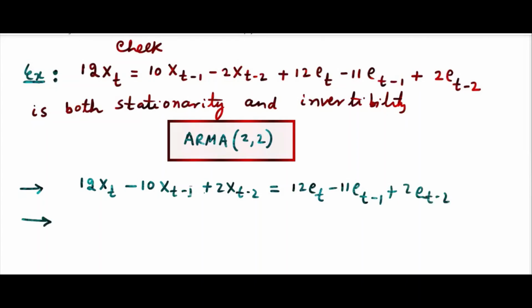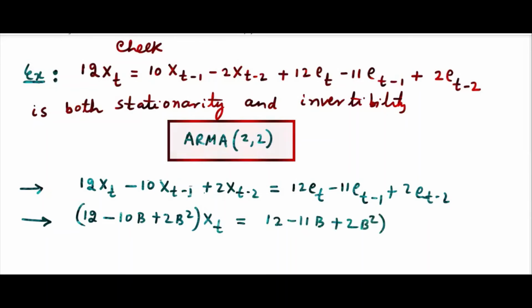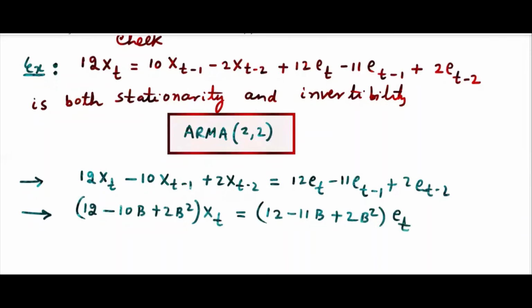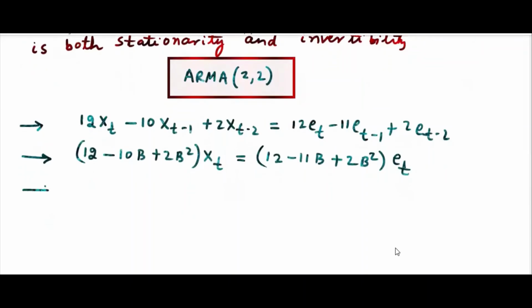Then you need to write in terms of B. It will be (12 - 10B + 2B^2) X_t this side, and here (12 - 11B + 2B^2) e_t, this way.